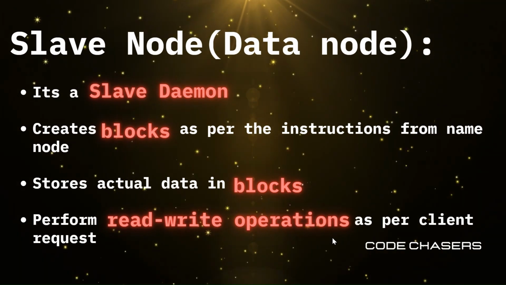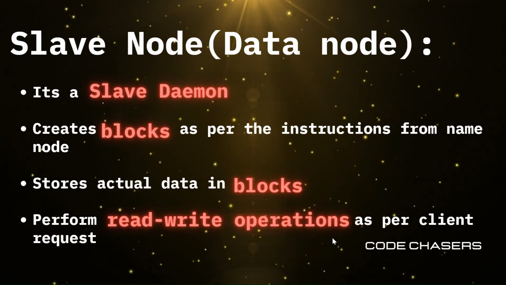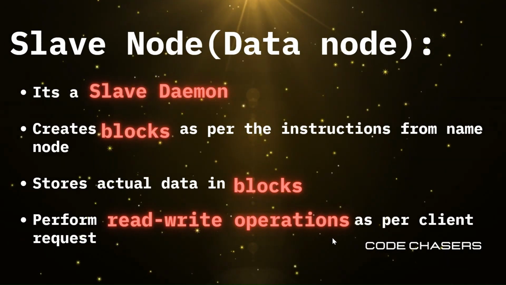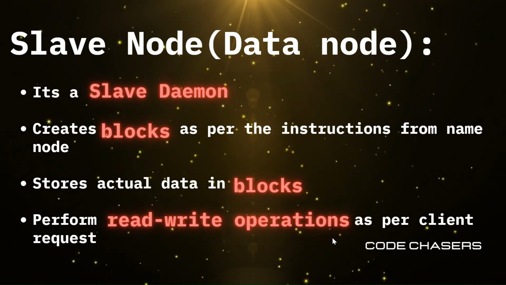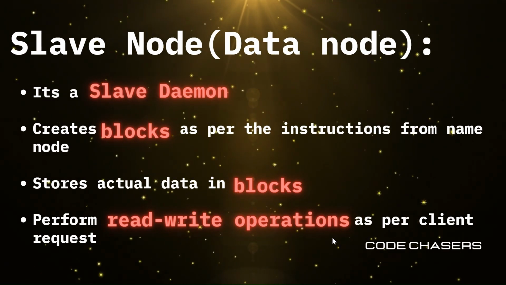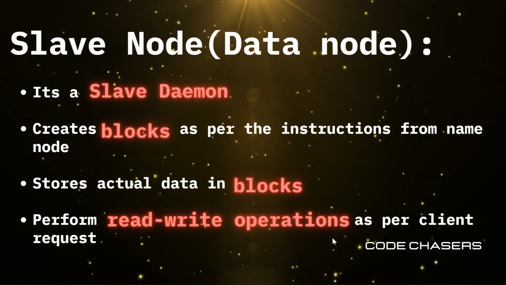The data node creates blocks as per the instruction from the name node. Also, the data node stores actual data in blocks, and performs read-write operations as per client request. One important point to note here is that the name node executes read-write operations and data nodes perform read-write operations.